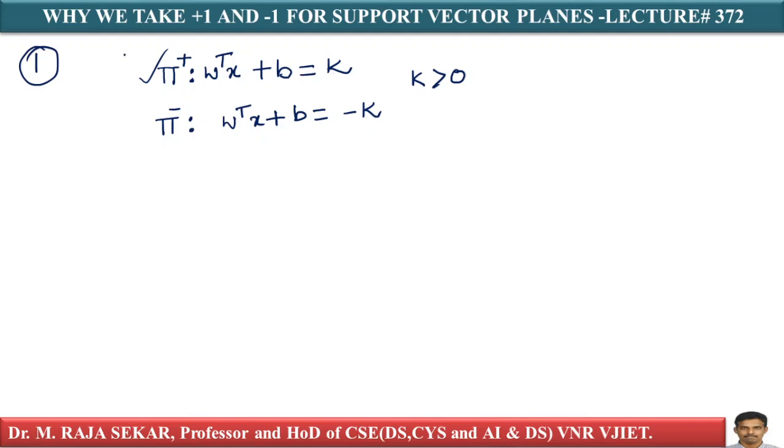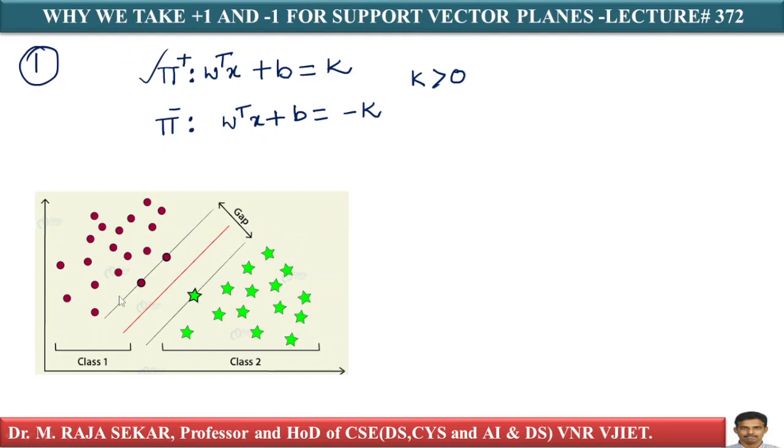Why are we taking plus k and minus k? Why not k1 and k2? Because we want both hyperplanes to be equally far away from pi. That is our intention. This is pi plus, this is pi minus. Both hyperplanes must be equally far away.